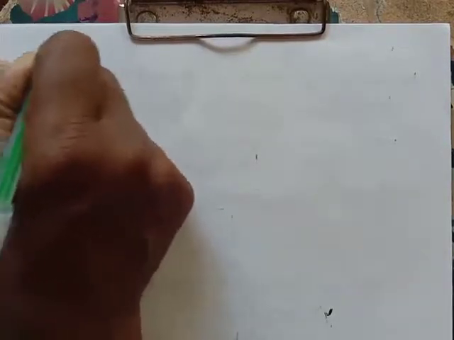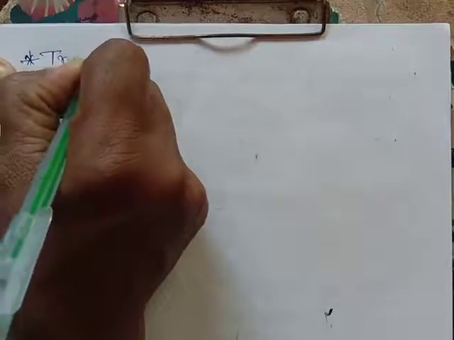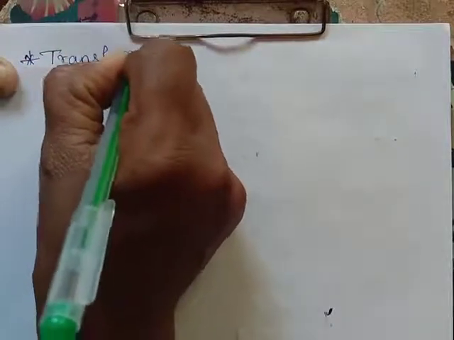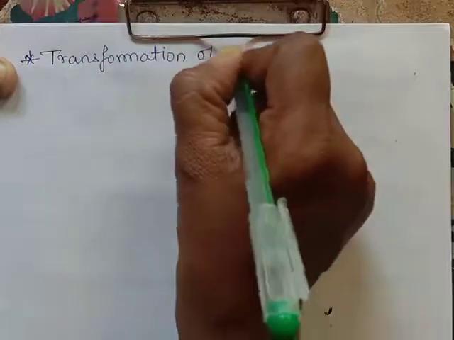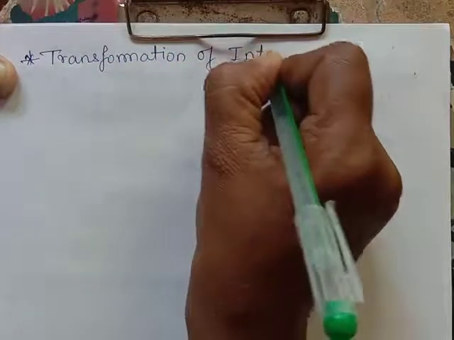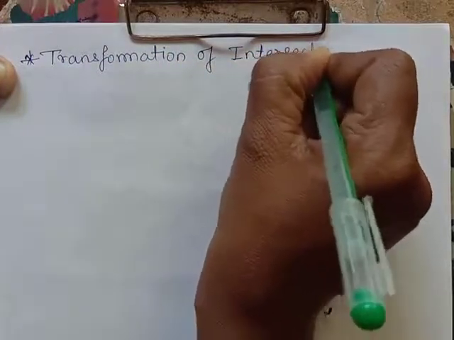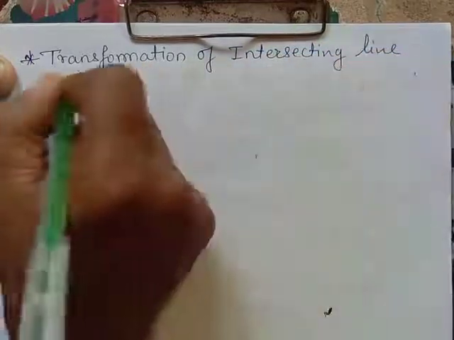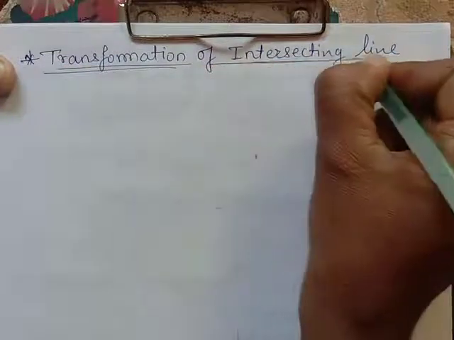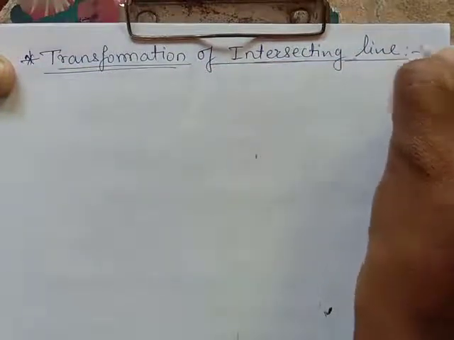Okay. Now transformation of intersecting lines. In a two-dimensional system, either the lines are parallel or they are intersecting, right?